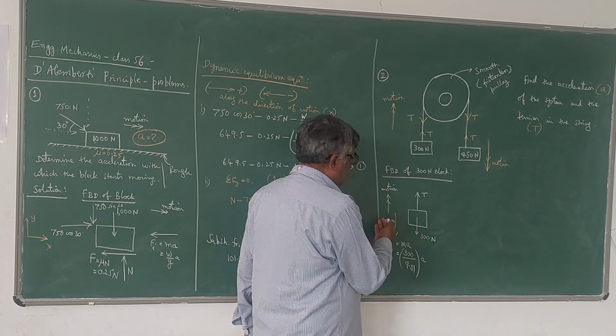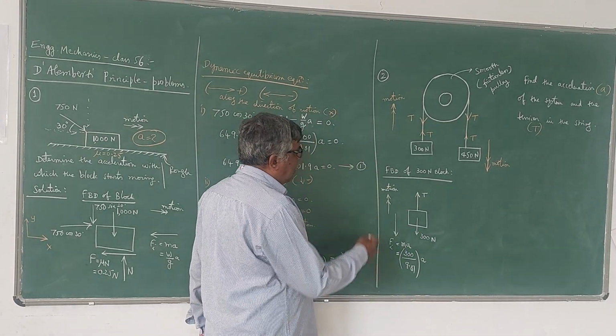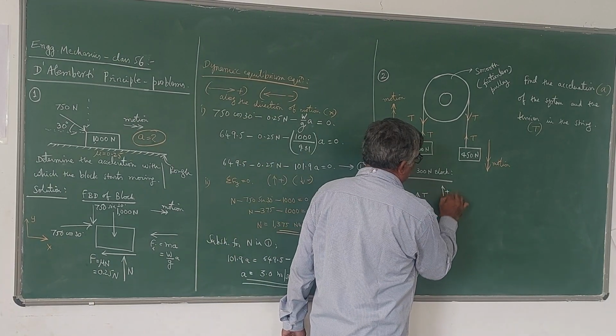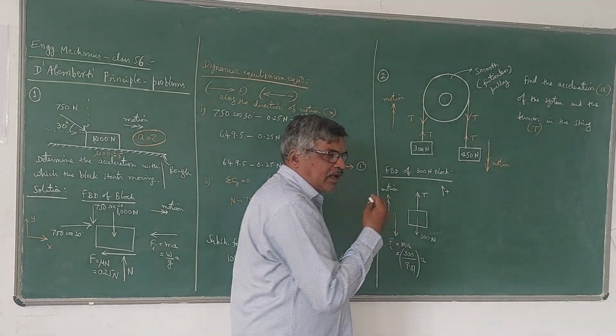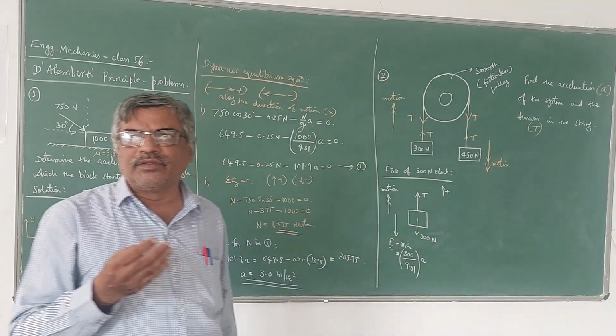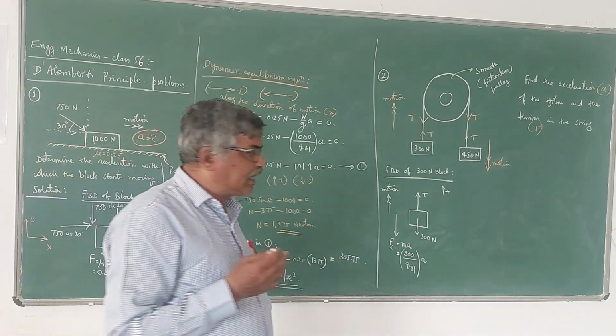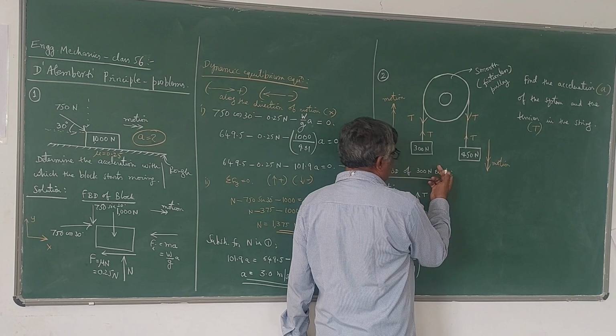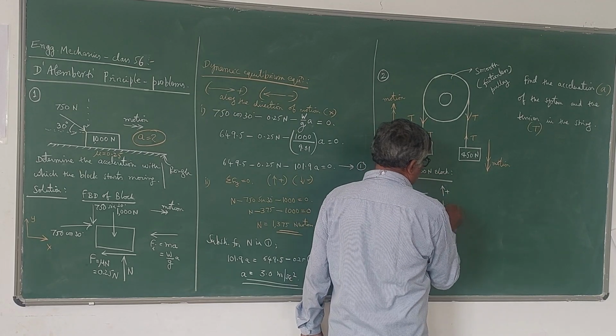Now if you write the dynamic equilibrium equation along the direction of motion, treating upward as positive, you always take forces along the direction of motion as positive, and in the opposite direction as negative. So forces acting upwards are plus, downwards are minus.